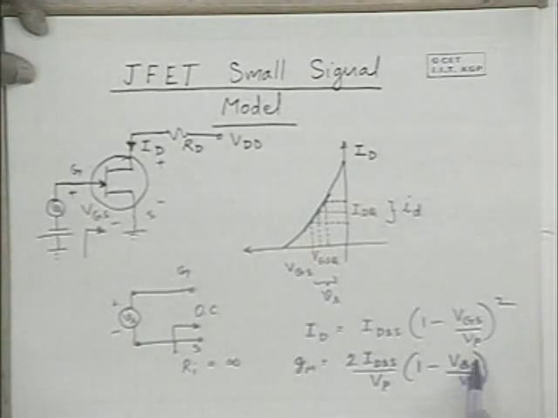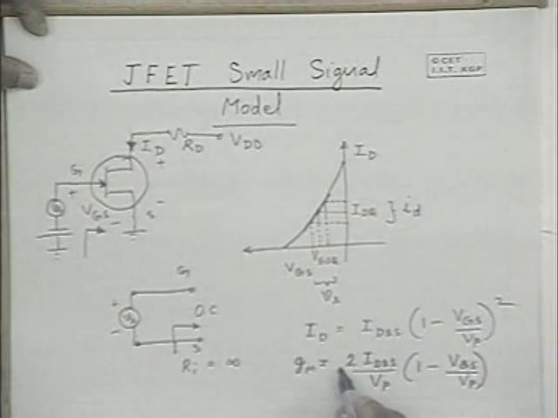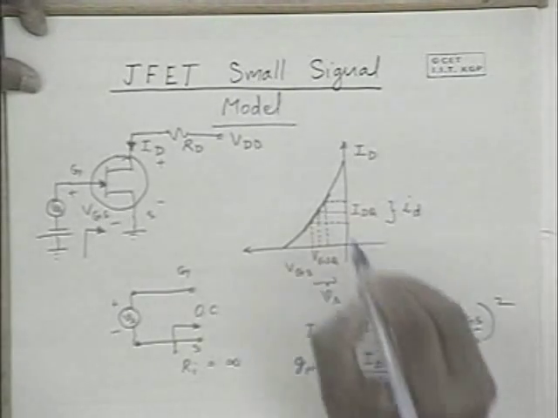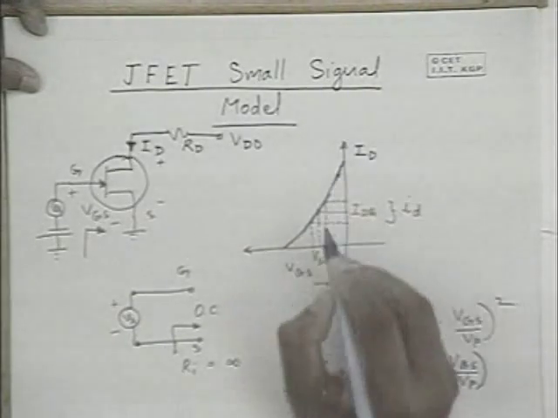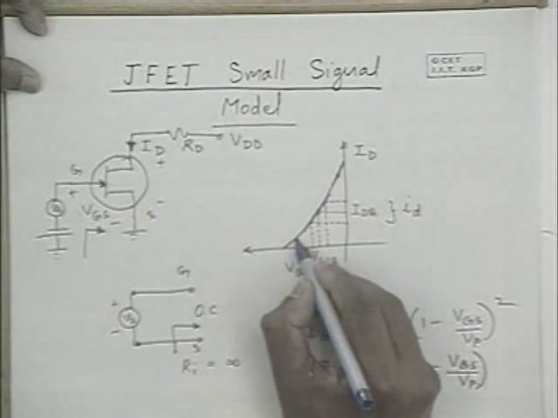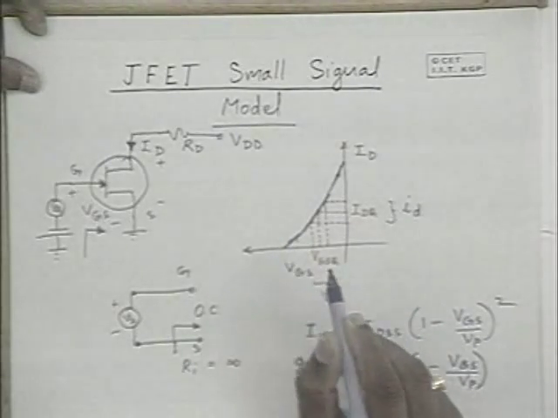So this gm comes with a negative sign, and now with a positive sign here. Now, please note that this gm is a function of VGS. If the Q point is somewhere here, the slope is different from the slope at this point here.